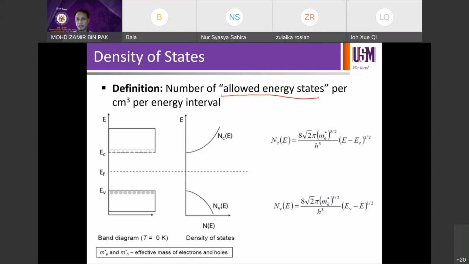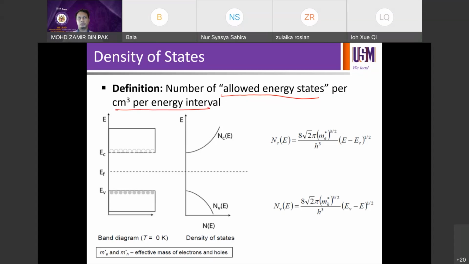For either carriers, electrons stay in the upper half in the conduction band, and holes stay in the lower half in the valence band, right? So these are the states, or number of allowed states, per centimeter cube per energy interval.